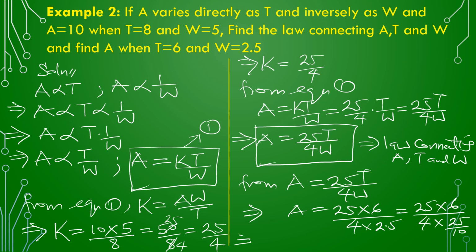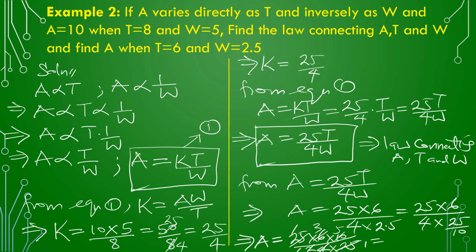Now, this implies that a is equal to, let's come back to this place, 25 times 6 times 10 divided by 4 times 25. 25 here, 1; 25 here, 1. 2 here, 2; 2 here, 3. 2 here, 1; 2 here, 5.